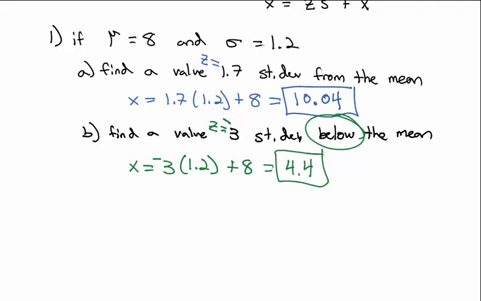So really, standard deviations give us a way to compare on a normal standardized scale how far away from the mean a certain data value is. We can also go the other way, and if we have a data value, we can find the number of standard deviations.